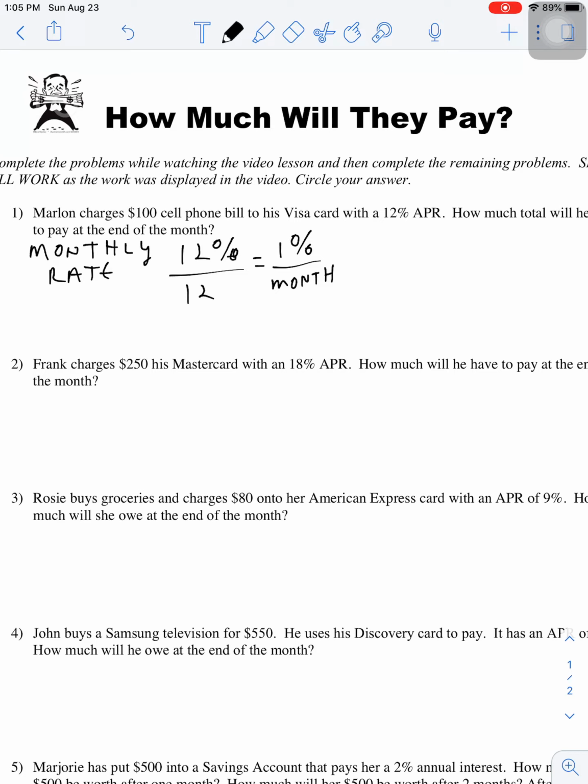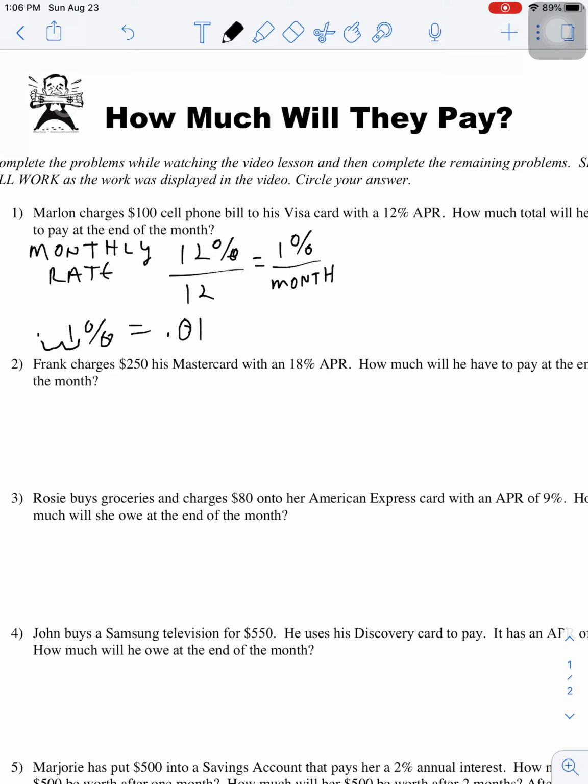Now, most of you will understand what I'm saying, but the number one mistake that a lot of kids make is that before you can do any calculations, you have to take the 1% and change it into a decimal. To change it into a decimal, that means you have to move the decimal point 2 places to the left.